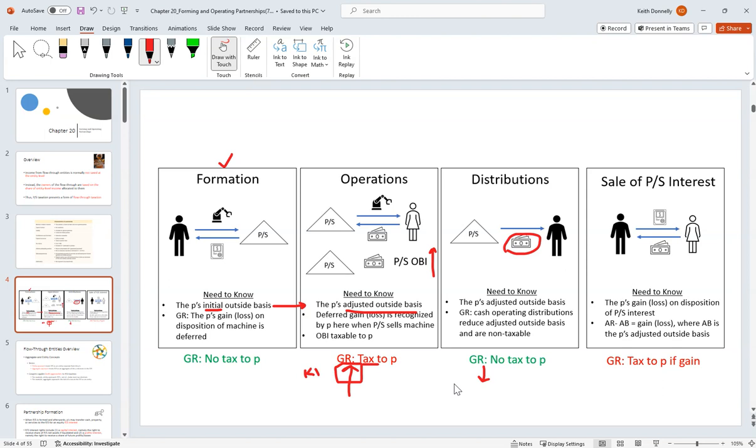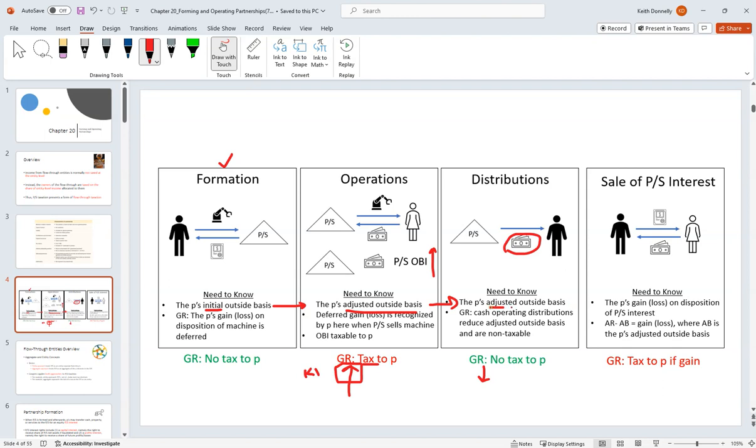Now, there are some very specific rules on the type of property, but for purposes of this lecture, distributions are going to make your basis go down. And finally, we're talking about our adjusted basis. It can go up, it can go down from the operations, and it goes down from distributions.